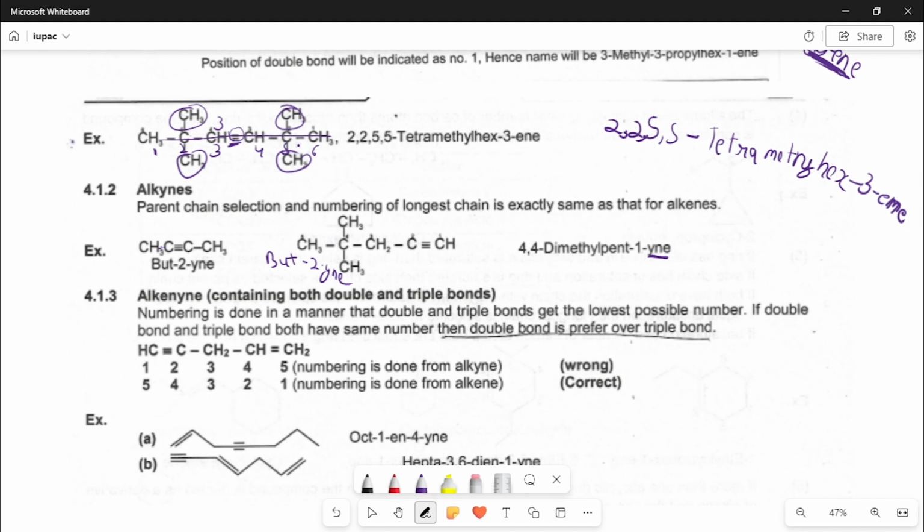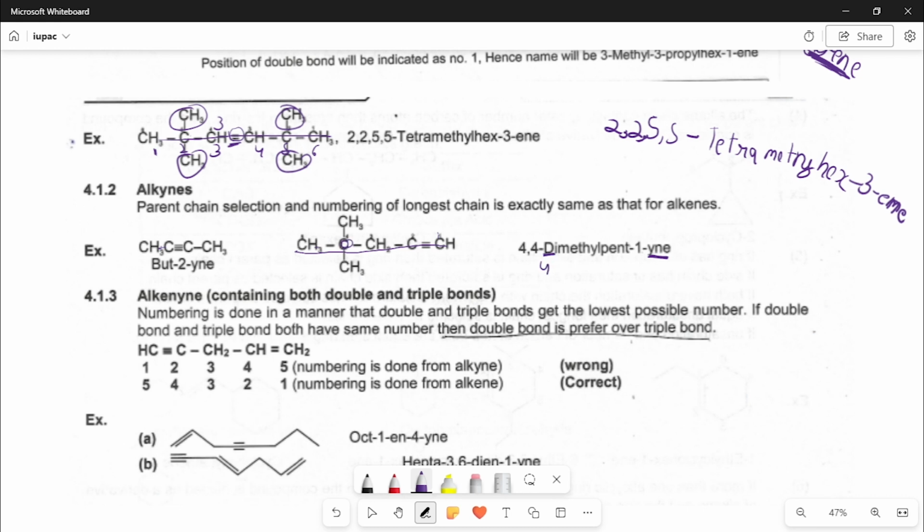Since there are no substituents present here, we don't have to write anything. But in this one, there are substituents. First of all, we are gonna count from where it gets the lowest number, which will be from here. We're gonna take this as the main chain. 1, 2, 3, 4, 5. Now we get 2 methyl, and they are at 4, 4.